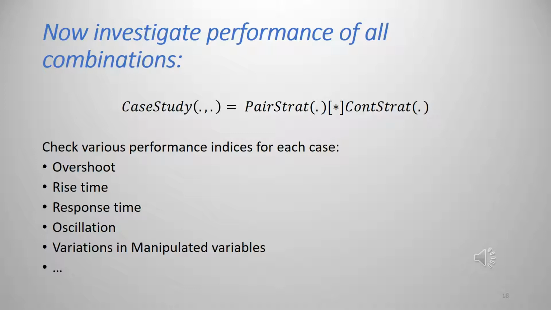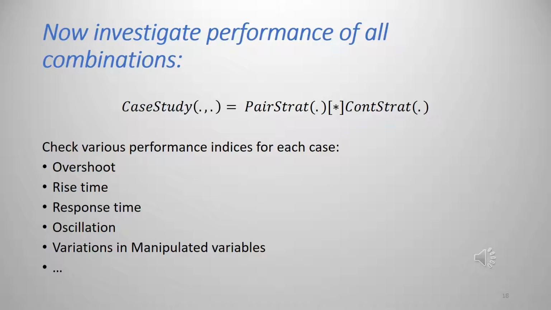We have to investigate the performance of the system in terms of the magnitude of overshoot, whether the overshoot is physically acceptable to us or not, whether the rise time is enough or not, and also whether the response time is fast enough or not.